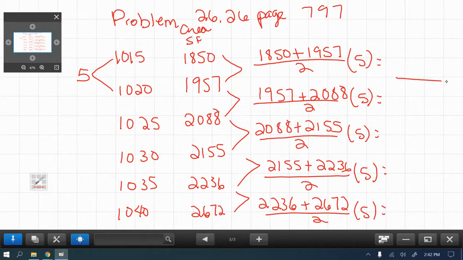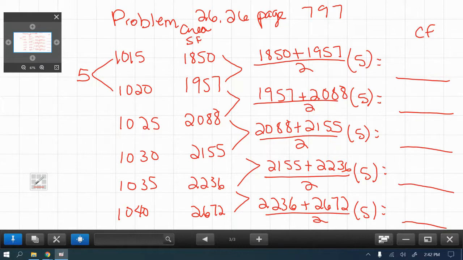And then when you get your area, I would put, this is in cubic feet. But this one asks for acre foot. Okay, so what we would do is, once we get it in cubic feet, that is 1 foot deep by 43,560.